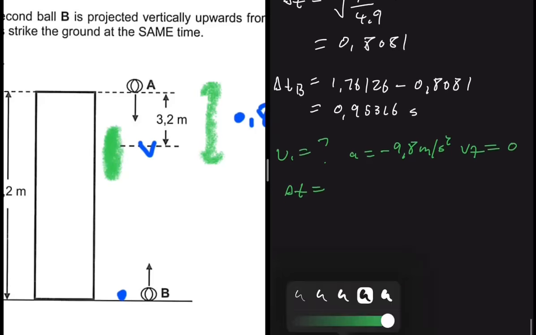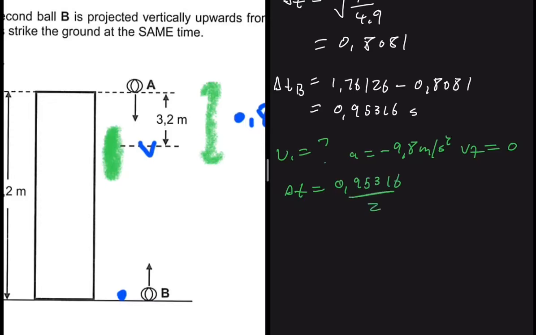So if we divide that total time by 2, we have 0.95316 divided by 2. Let me just put that in my calculator real quick. I'm getting 0.47658.